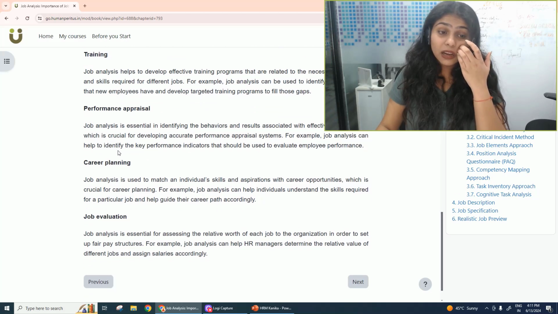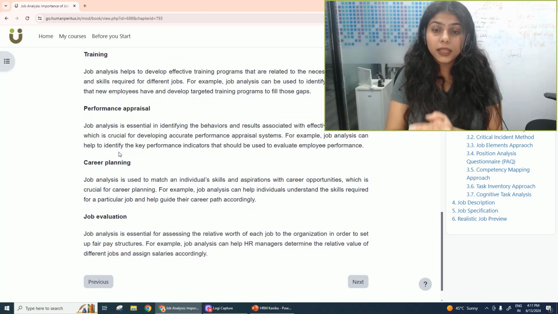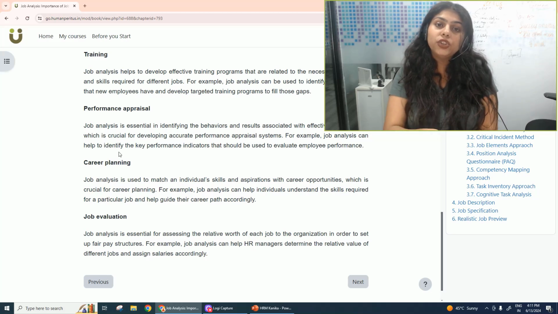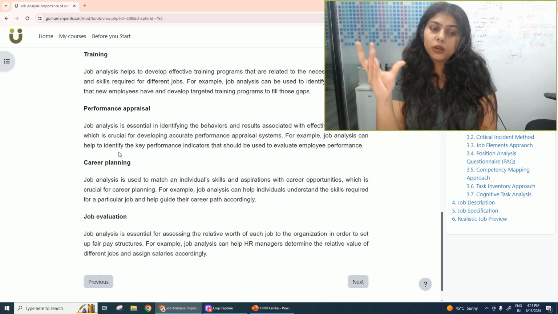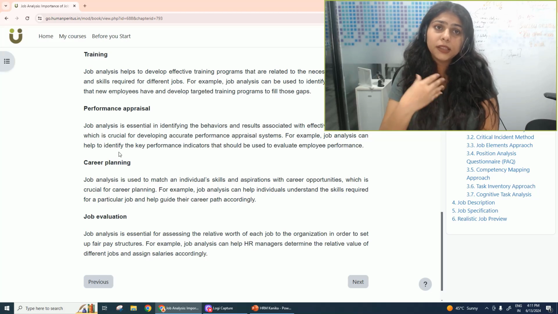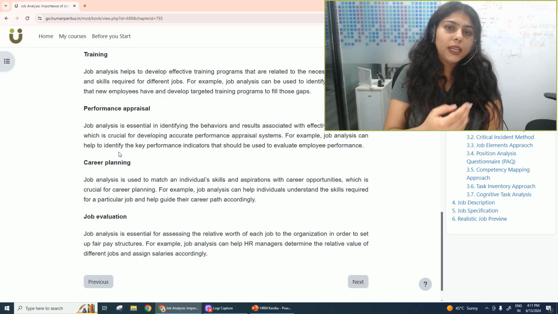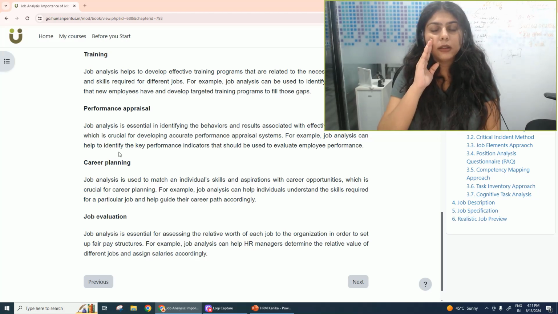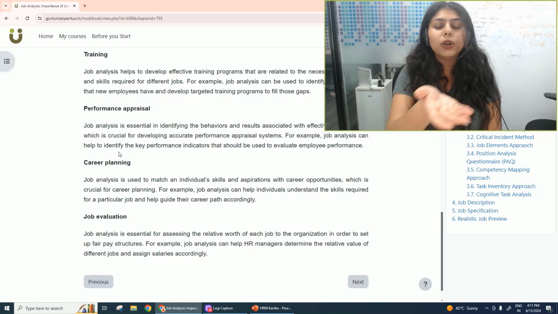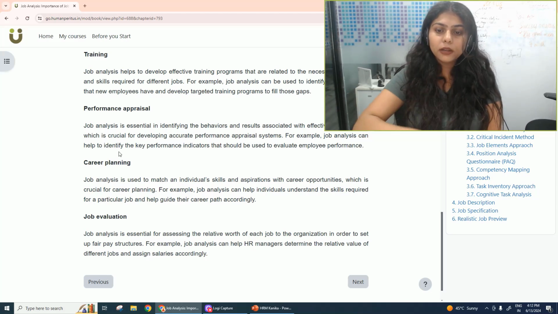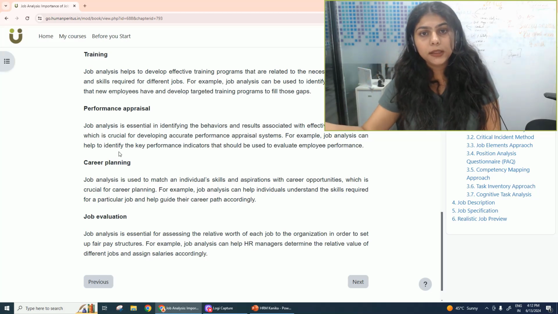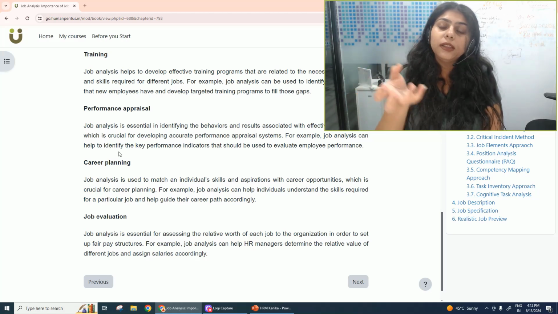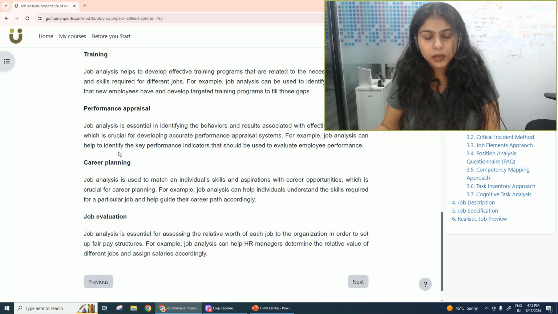Career planning, because of the skills and the roles and responsibilities that are mentioned in the job description or that you determine while doing job analysis, my job becomes very easy because I can immediately decide whether or not I want to go for this career, or whether or not I possess these skills that this company requires.